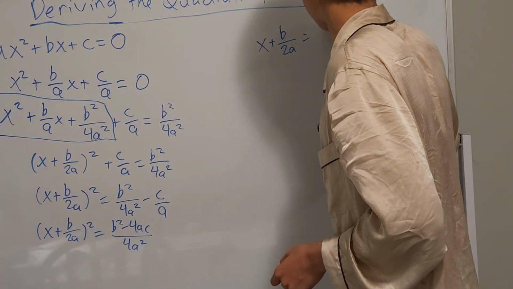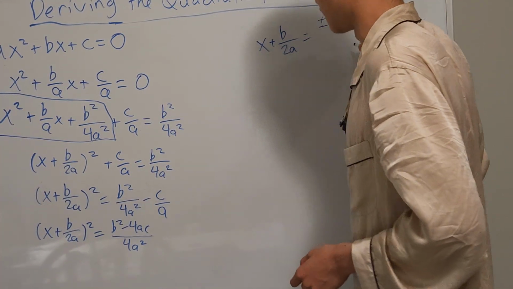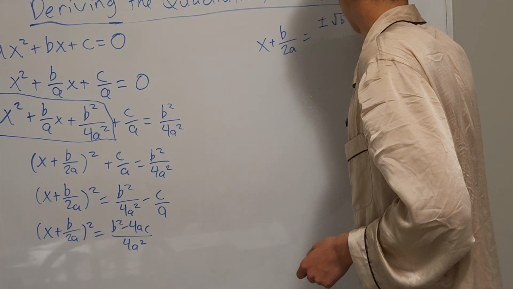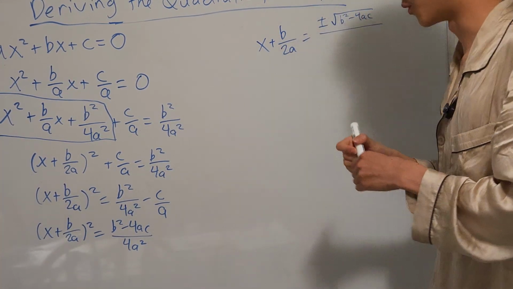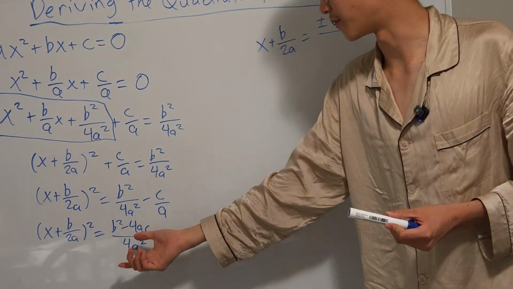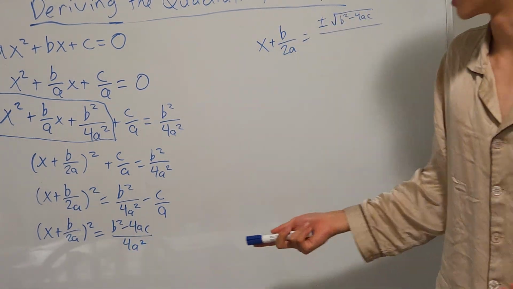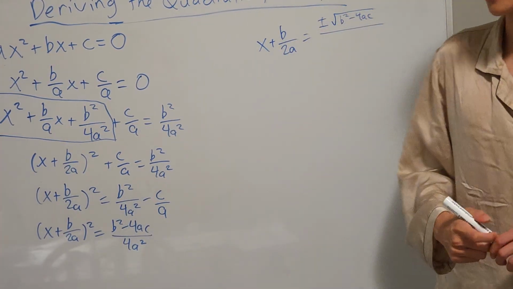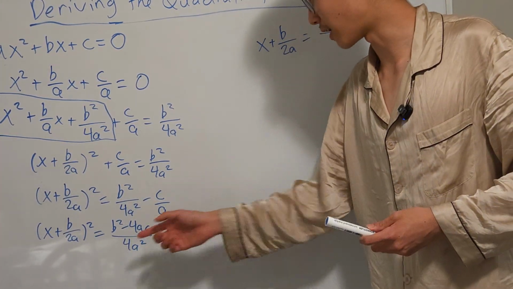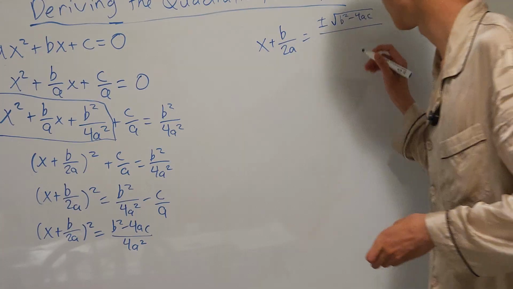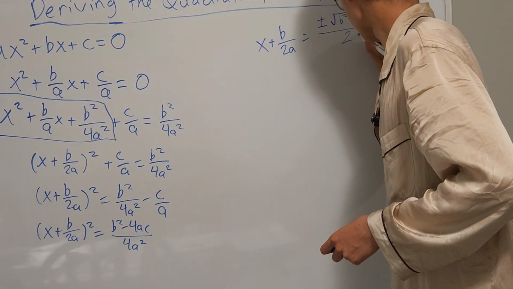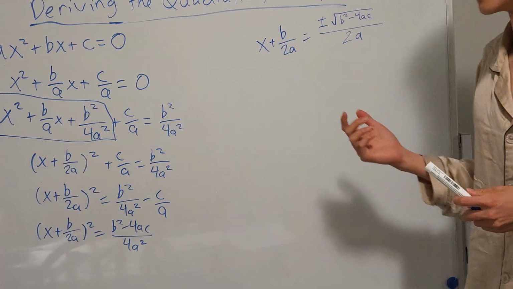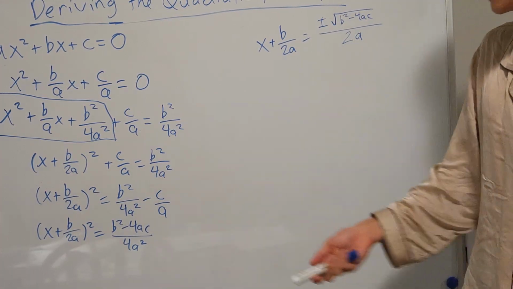So plus minus the square root of b squared minus 4ac over, yeah, so when taking square roots of a fraction, one thing you can do is to first take the square root of the numerator and then the denominator. The square root of 4a squared is 2a. Yeah, we can see that 2a times 2a gives you 4a squared.